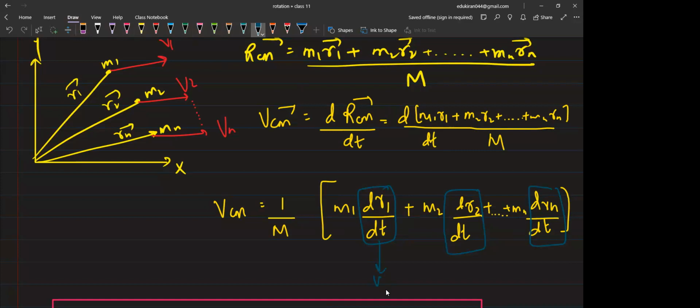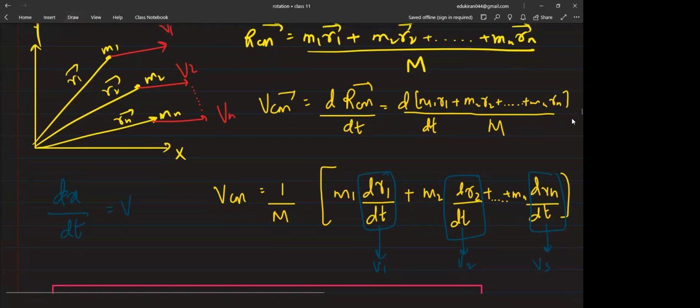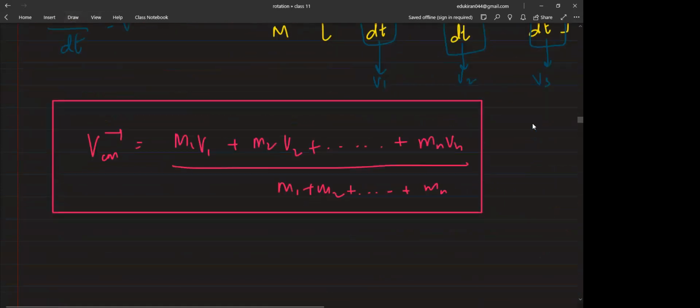So this is the velocity 1, this is the velocity 2, this is the velocity 3. Why? Because this is dx over dt. This is the velocity. So the ultimate formula that you will get for velocity is m1 v1 plus m2 v2 plus up to mn vn divided by m1 plus m2 up to mn.